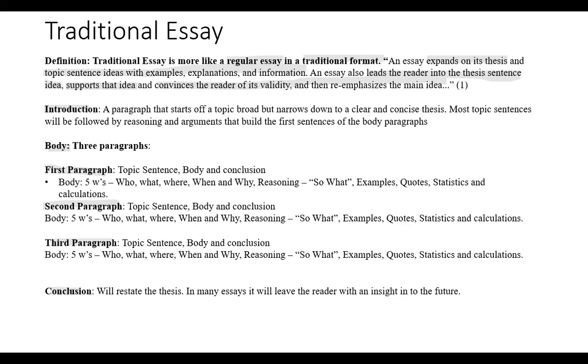It's got body paragraphs with the five W's: who, what, where, when, why, your reasoning, statistics, your codes, and calculations. Finally, you will have a conclusion, which will restate and emphasize your thesis and leave some kind of insight into the future.